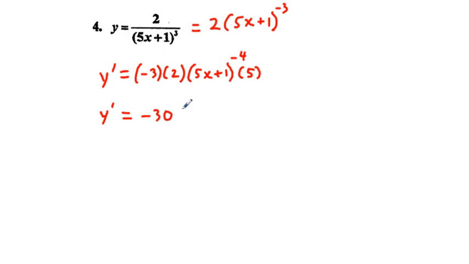And then we're going to have just this 5x plus 1 to the power of negative 4. And if we wanted to, we could drop this 5x plus 1 down in the denominator again and make it negative 30 over 5x plus 1 to the 4th power. But that's 4.